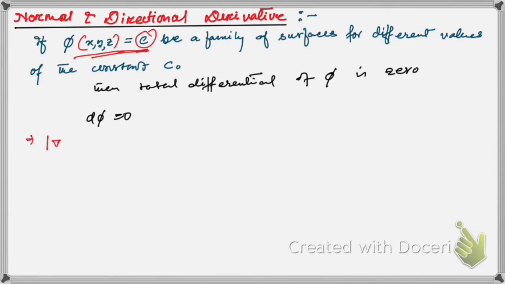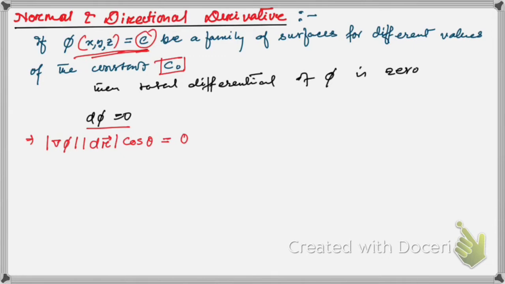So d phi, we know, can be represented as a dot product of these two vectors, that is magnitude of grad phi and magnitude of total derivative of vector r cos theta, and that's going to be equal to 0 here, as c is a constant, right?